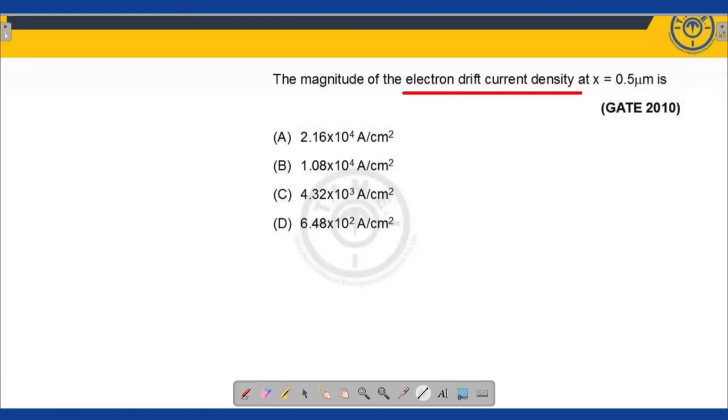Electron drift current density. Now, my dear friends, he is asking this time the magnitude of this particular current density, which is very important while doing this particular problem over here. We need to check this also and do it, which is very important here.